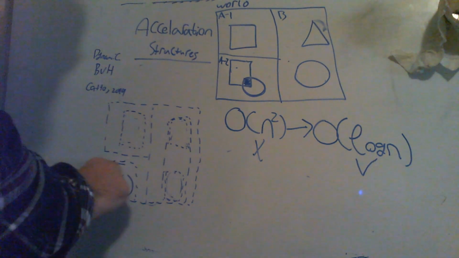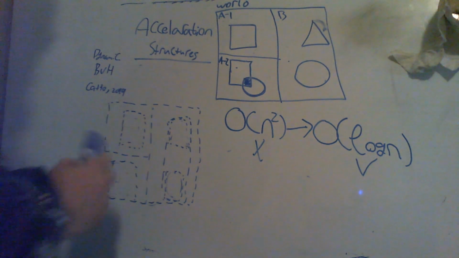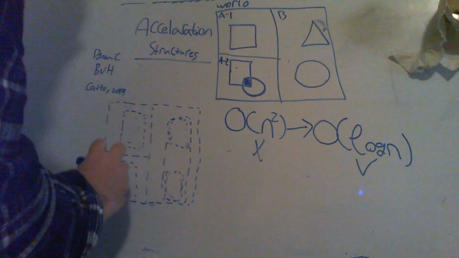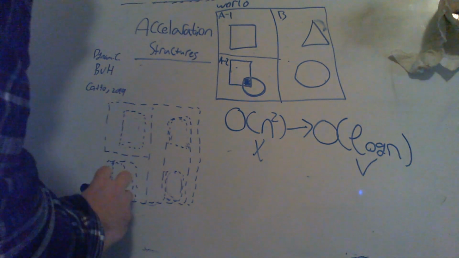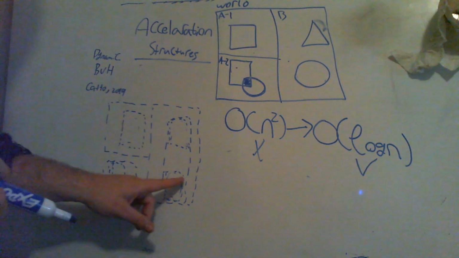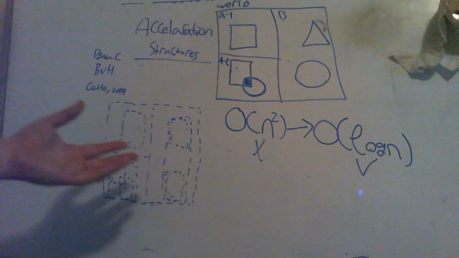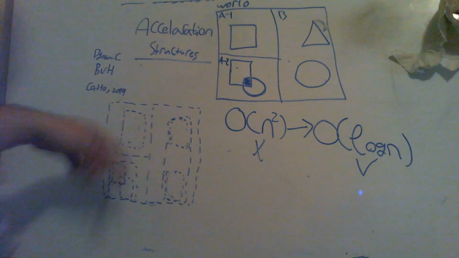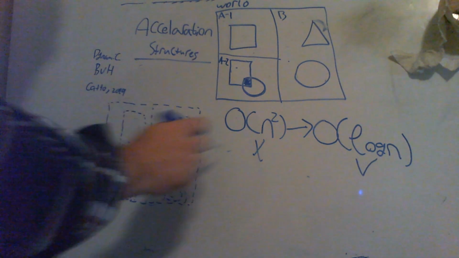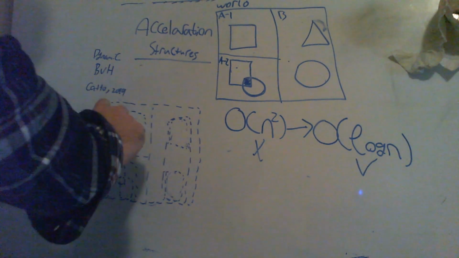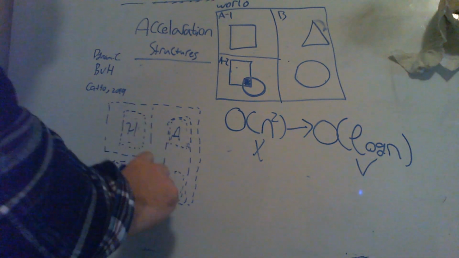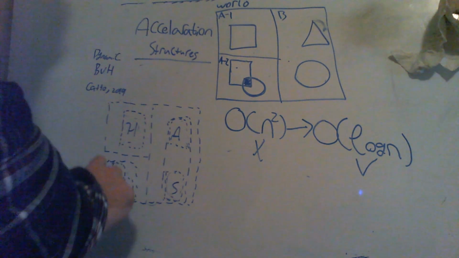But that leads us to a problem: how do we contain those shapes? How do we know that this shape is a hull and this shape is a triangle? How do we do that?